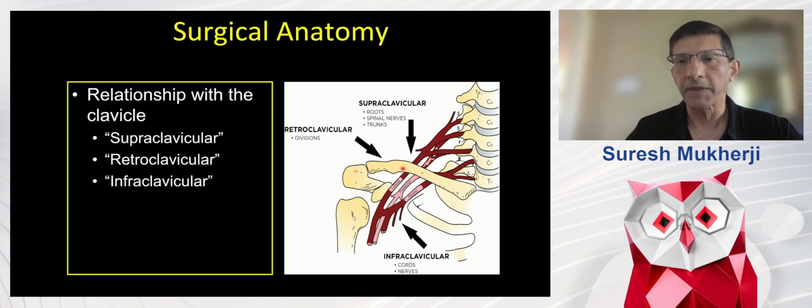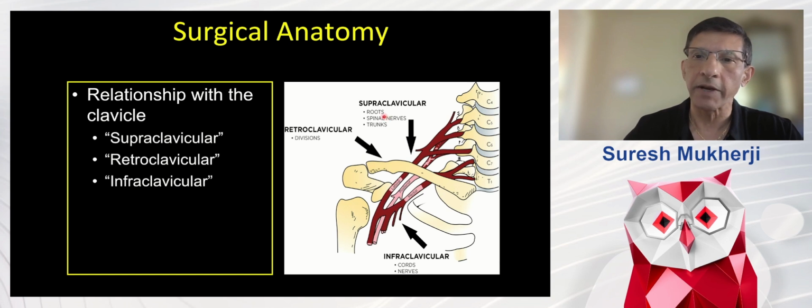Now, the nice thing about this is that when you look at what is included in this classification of the brachial plexus, it's the classical anatomy we just talked about. The only difference is that when the surgeons operate on this, they have to know whether to stay above the clavicle, they need to take the clavicle out, or they need to go below the clavicle in the chest wall.